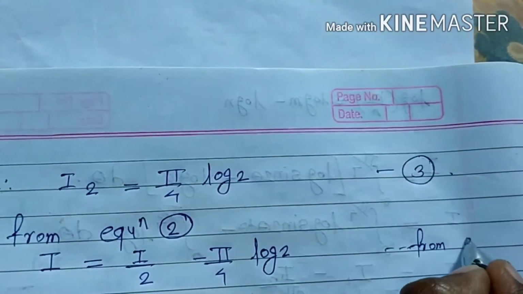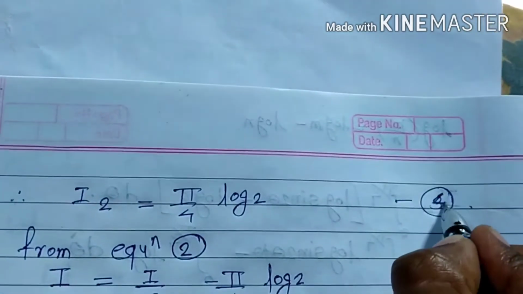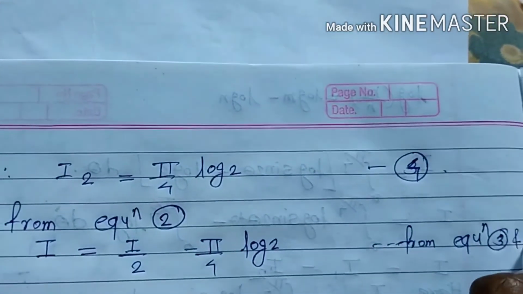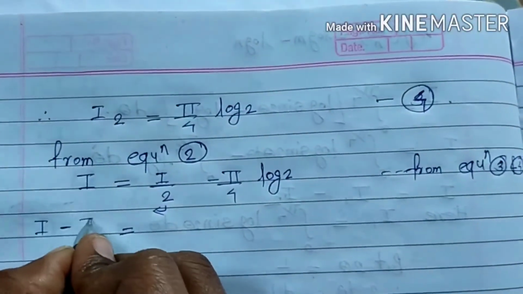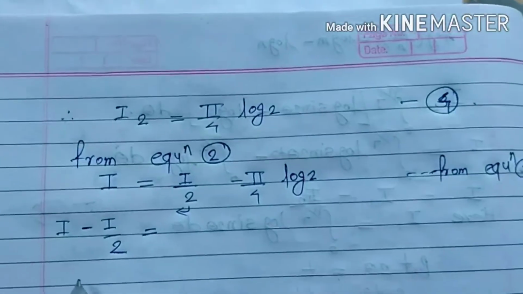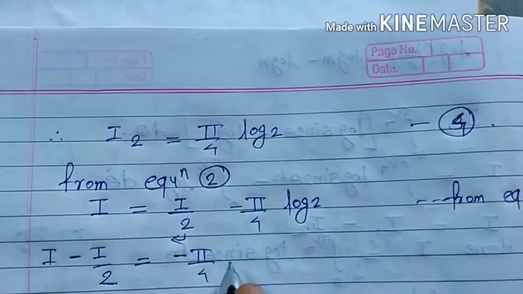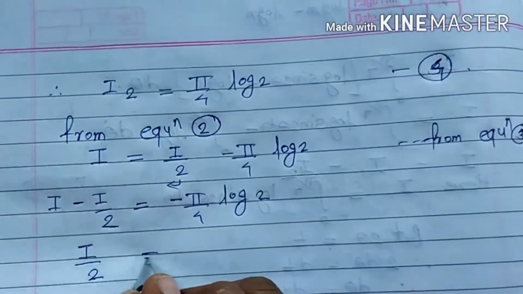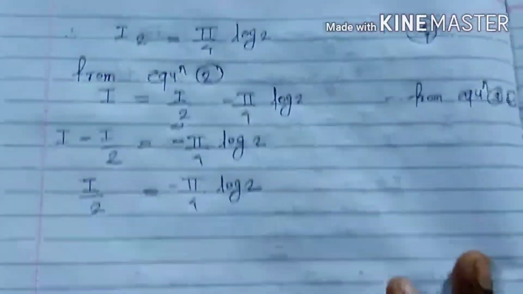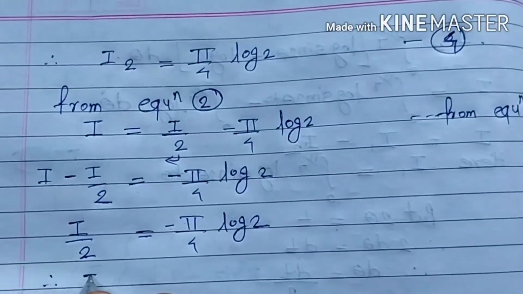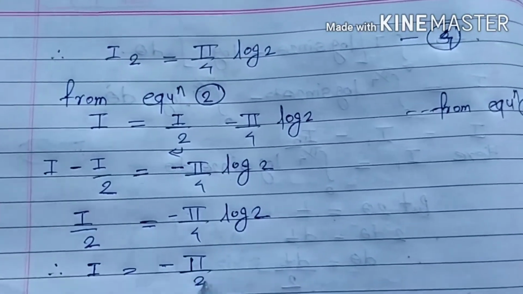From equations 3 and 4, I minus I upon 2, so this is I upon 2, equal to minus pi by 4 log 2. Therefore I is equal to minus pi upon 2 log 2.